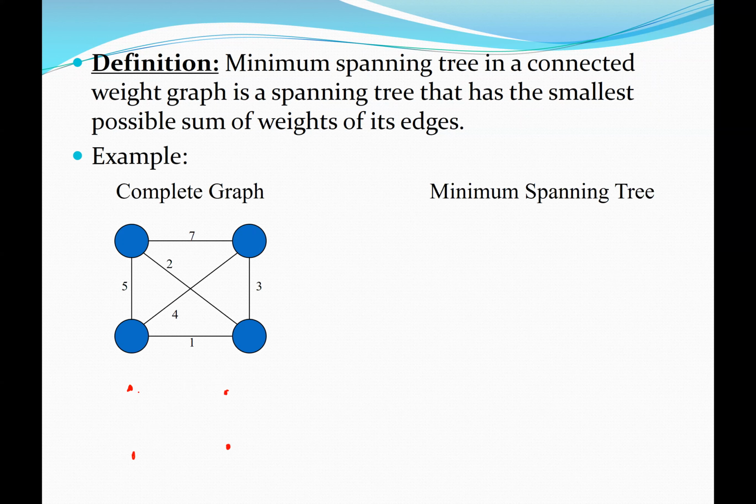I can have here, there, and there. That's a spanning tree, yes. Or I can have 1, 2, 3, 4. That's also a spanning tree, yes. Or I can have this.